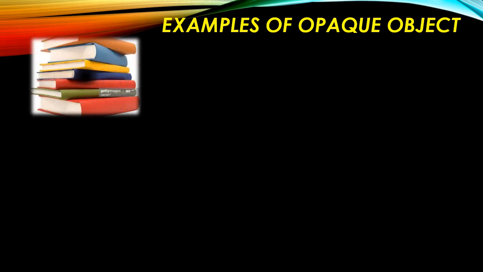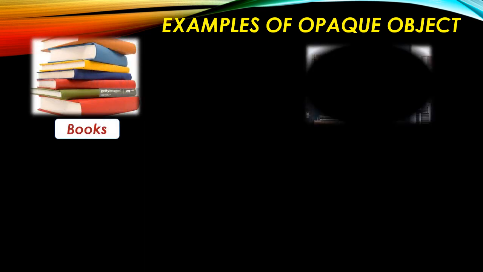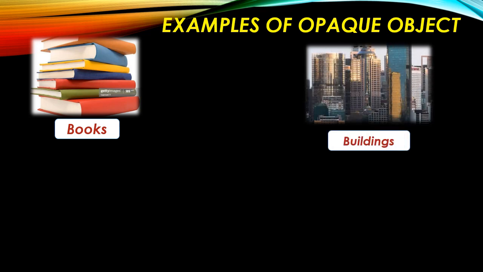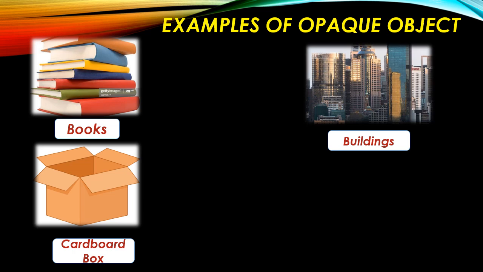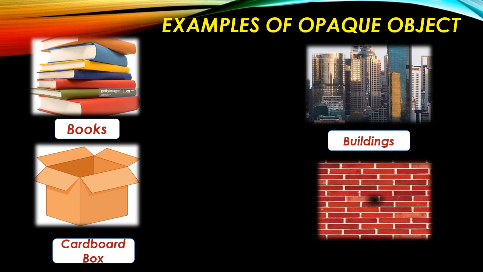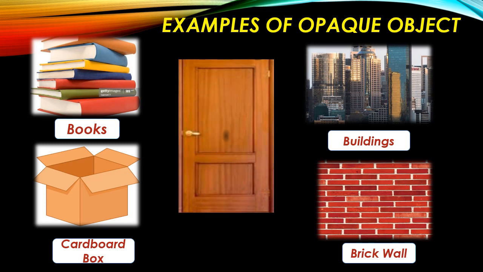Books, buildings, cardboard box, brick wall, door. These all are the examples of opaque objects that will not allow light to pass through it.